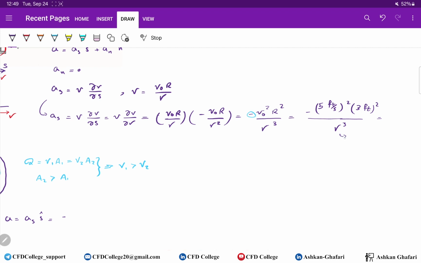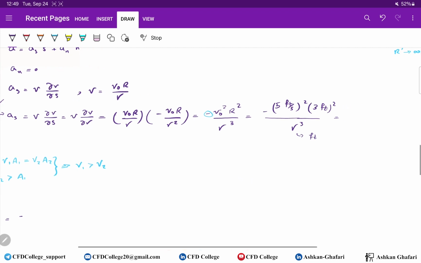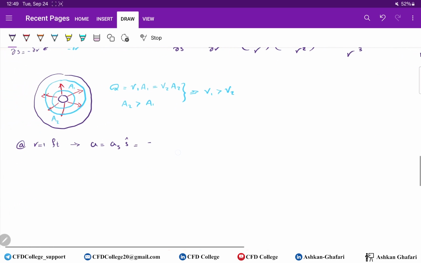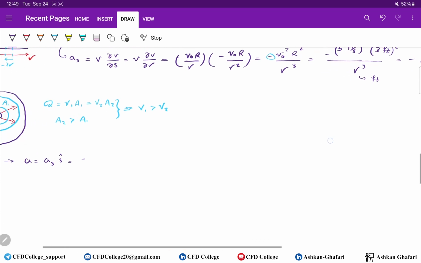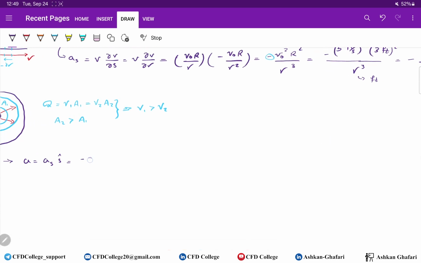This r has the unit of feet, so we have minus 225 divided by r to the power 3 feet per second squared. So at point A, at a radius equals 1 feet, the acceleration equals minus 225 feet per second squared.